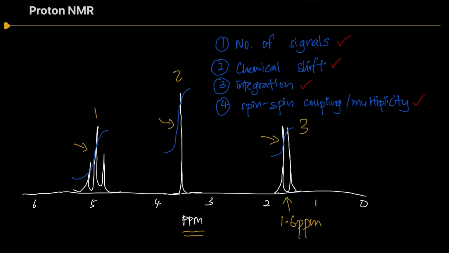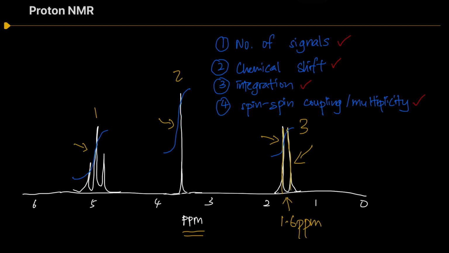And for the spin-spin coupling, or in other terms, the multiplicity of the signal. As you can see here, you have three signals, and they are splitting into different fine lines. For example, this signal here is one signal, but it is split into two fine lines, 1, 2.